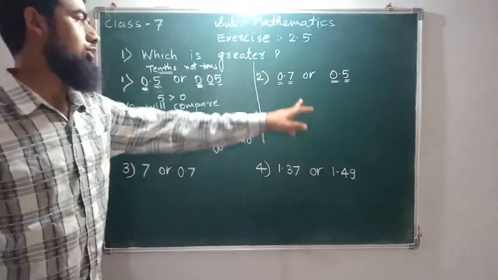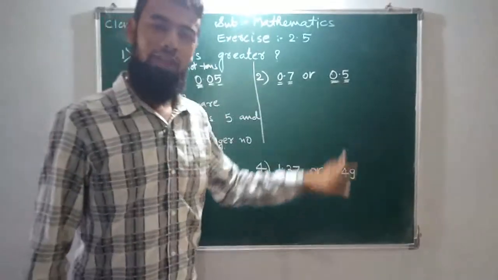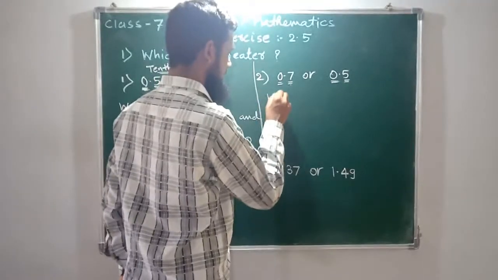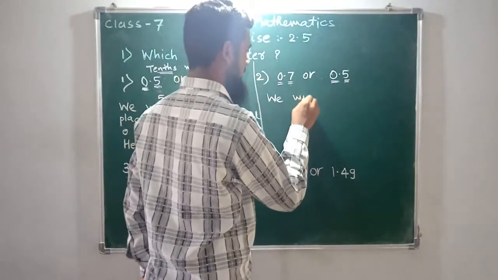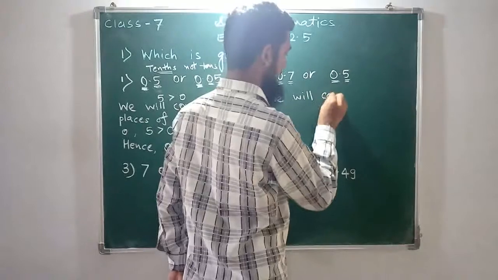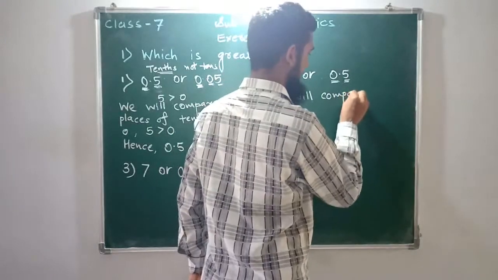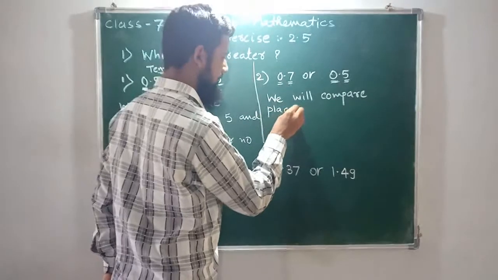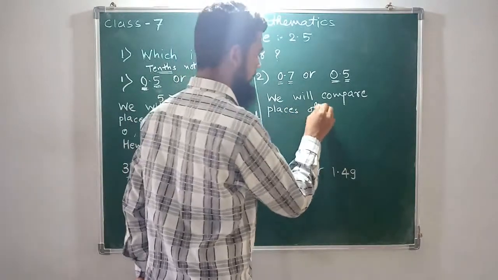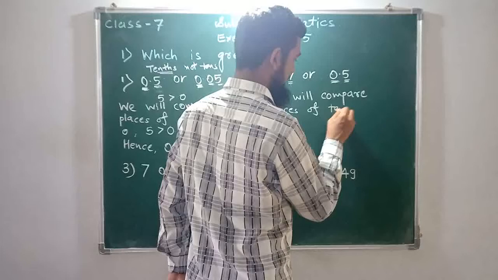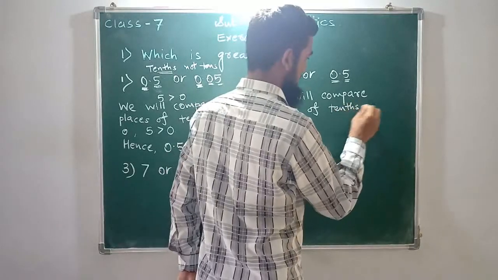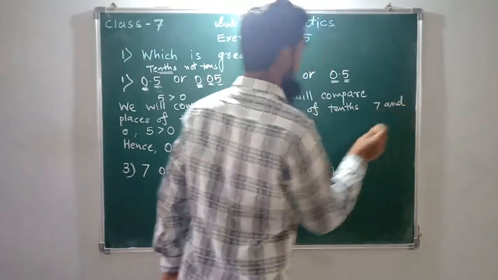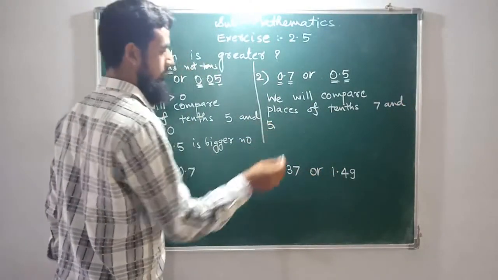We are going to compare the places of tens only. So here I am writing, we will compare places of tens, 7 and 5.